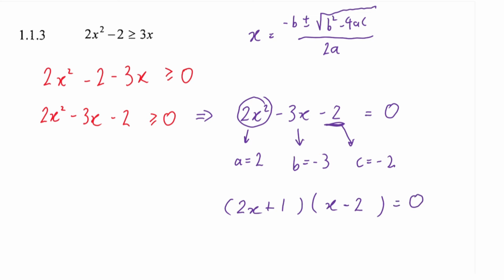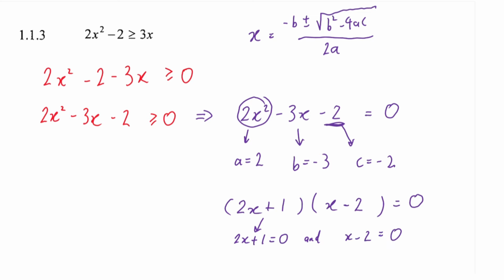There will be another video going into detail on factorization where you can learn how to factorize trinomials quickly. Given this factorization, we will get 2x plus 1 equals 0 and x minus 2 equals 0.